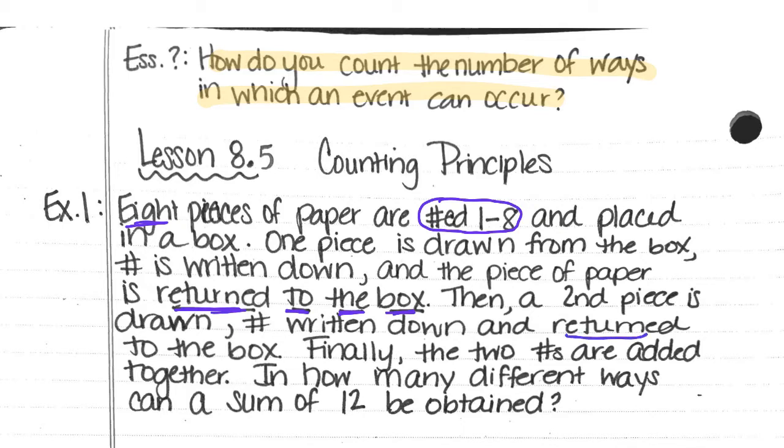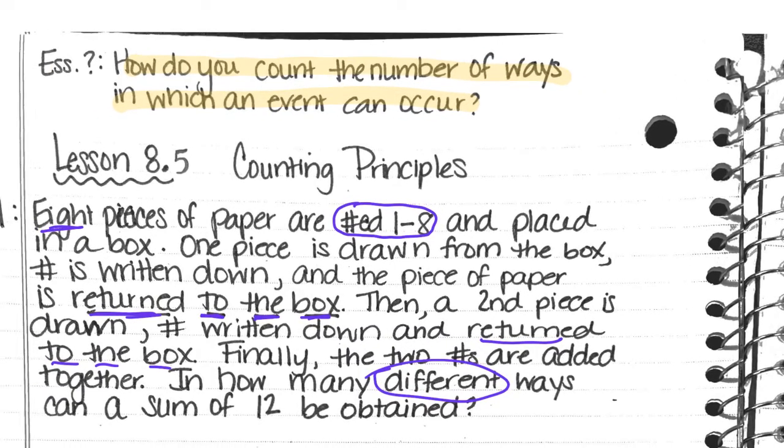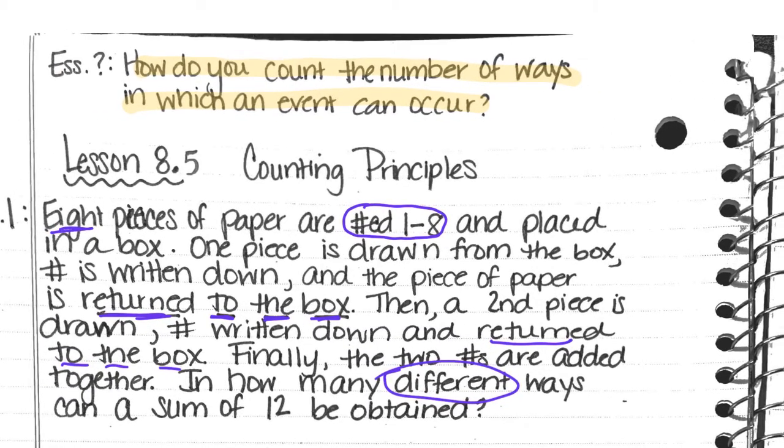That one is returned to the box. Finally, the two numbers are added together, and how many different, keyword different, ways can a sum of 12 be obtained? Well, between the numbers 1 through 8, how many different ways can I obtain the number 12?